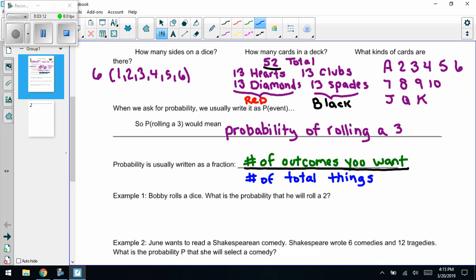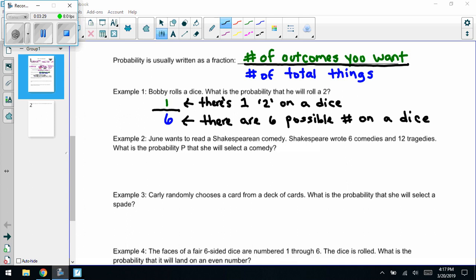So since there's only one number 2, we're going to put the 1 on the top of our fraction for probability. And on the bottom, we're going to put a 6 because there are a total of 6 sides on a dice. So we will write that in our notes. So that's it. The probability is just 1 out of 6.